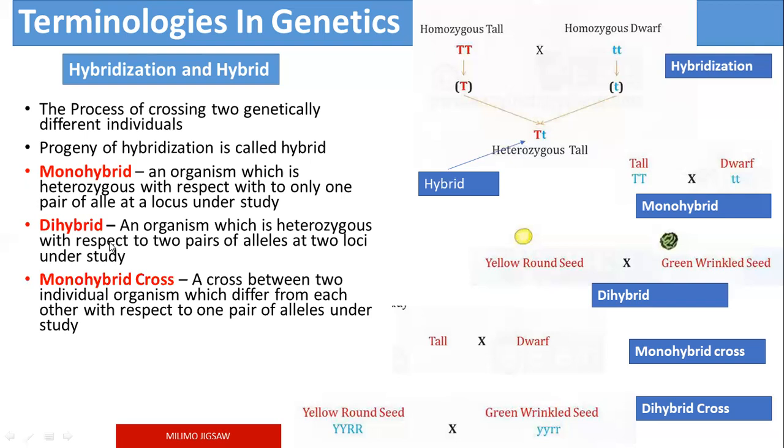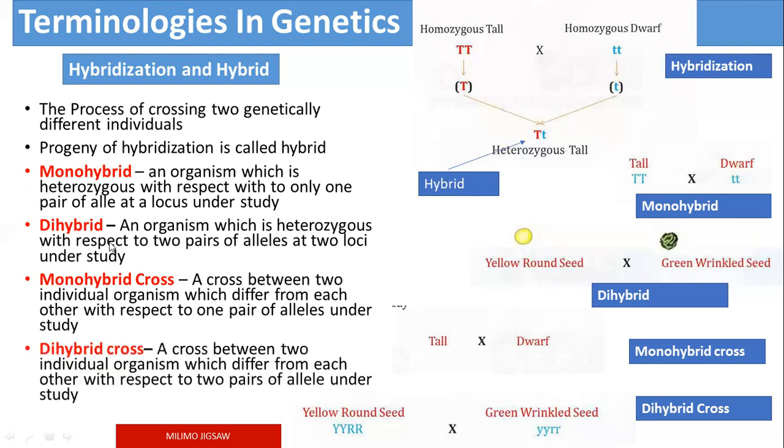It's only one pair of alleles, as we explained earlier. We're only concentrating on one trait that we're investigating, for example height, whether it's tall or whether it's dwarf. However, a dihybrid cross is a cross between two individual organisms which differ from each other with respect to two pairs of alleles under study.